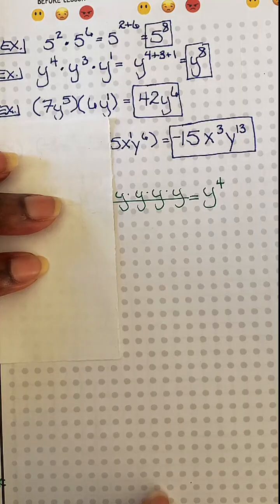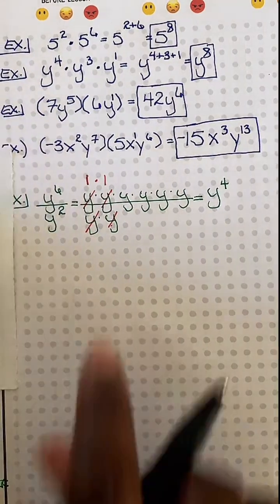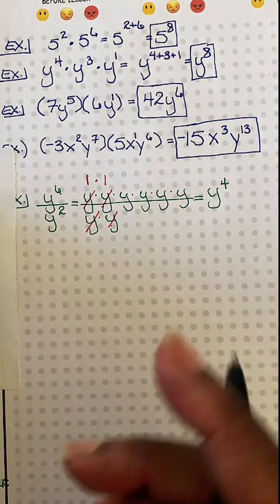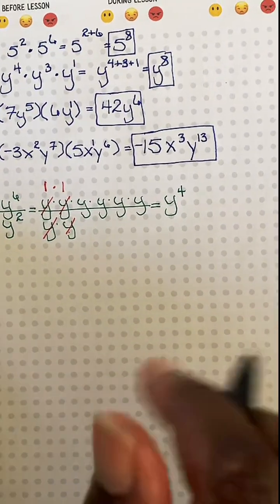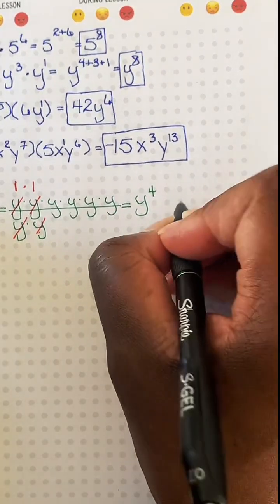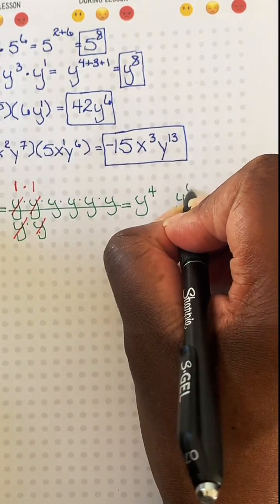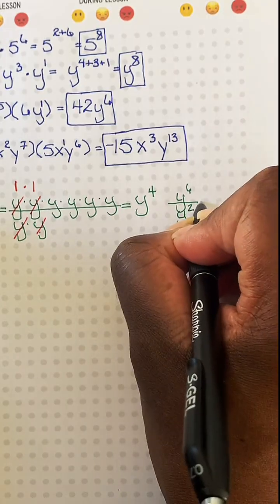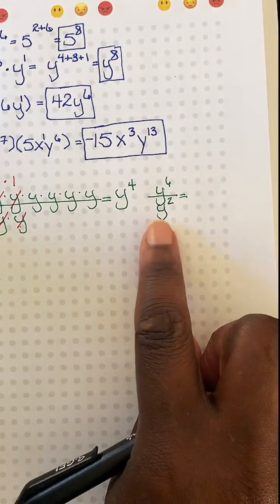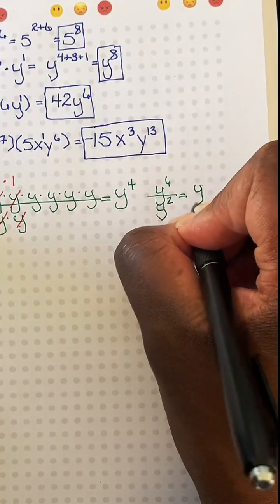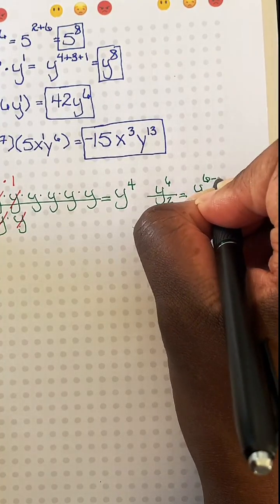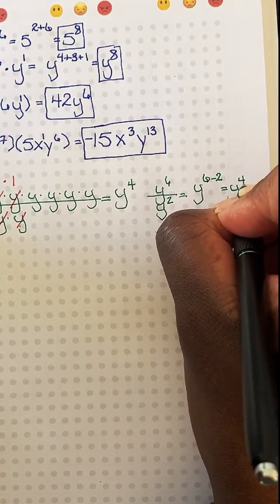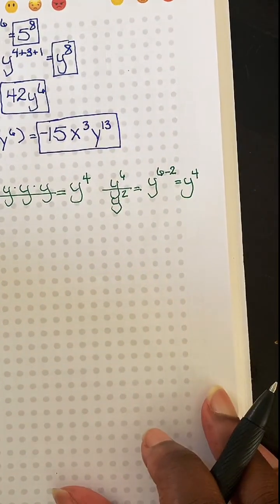Now, instead of drawing out and expanding each and every one of them, the quick way is this: when you have y to the 6 divided by y to the 2nd, if it has the same base, which is y, you simply subtract the exponents. That's how we got y to the fourth.